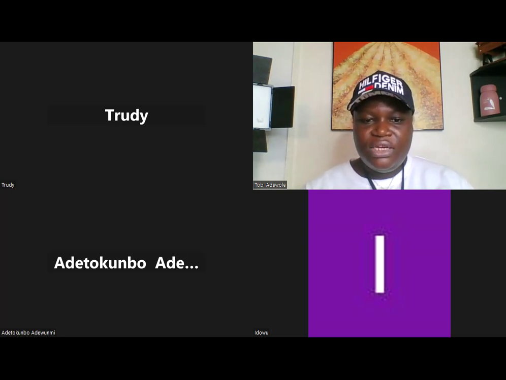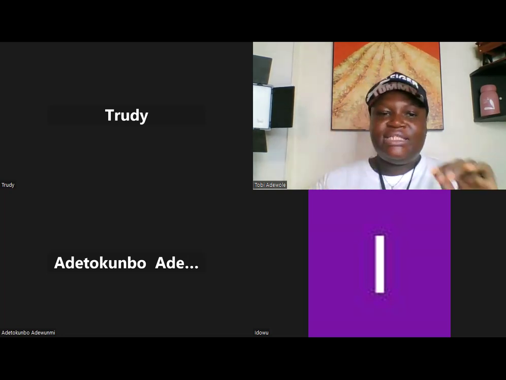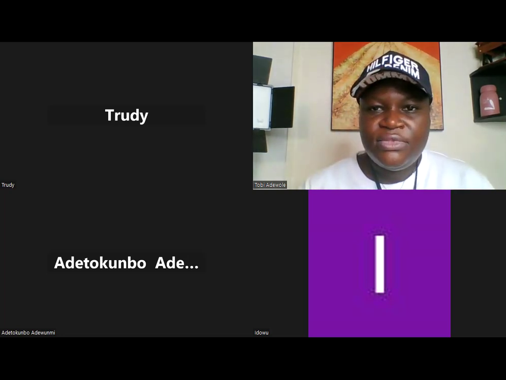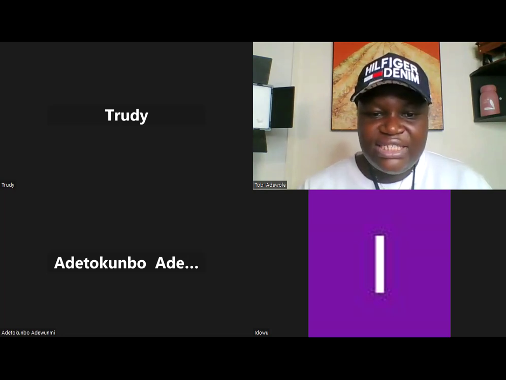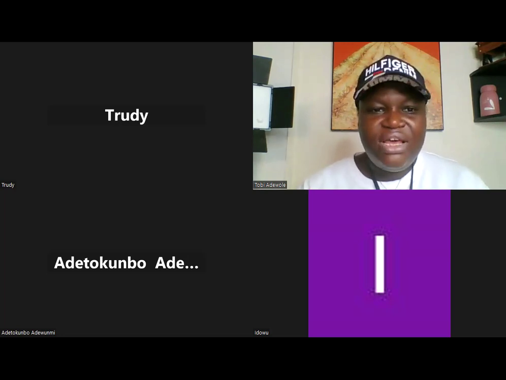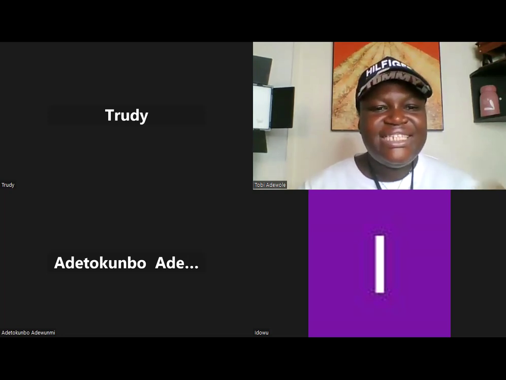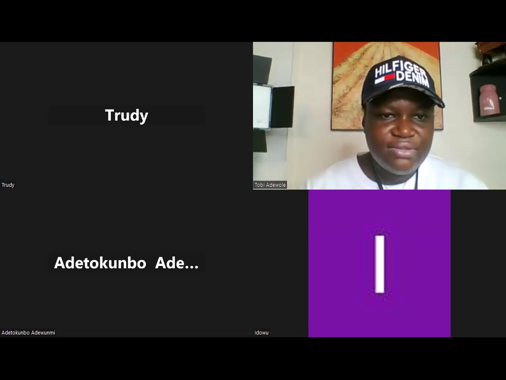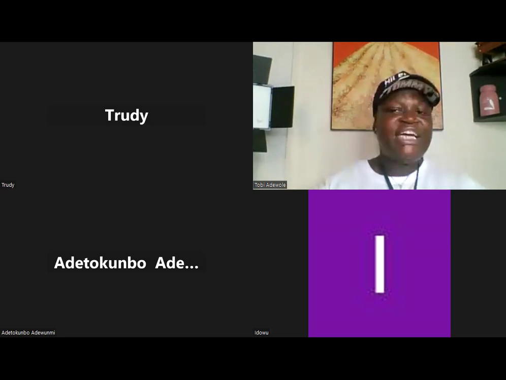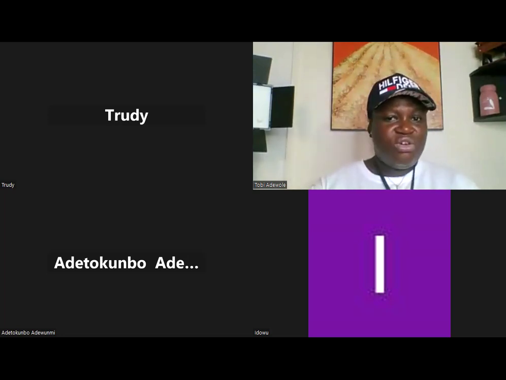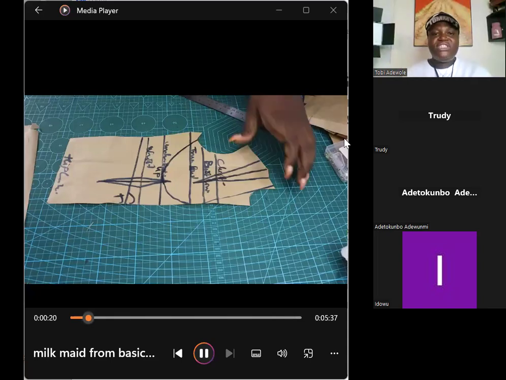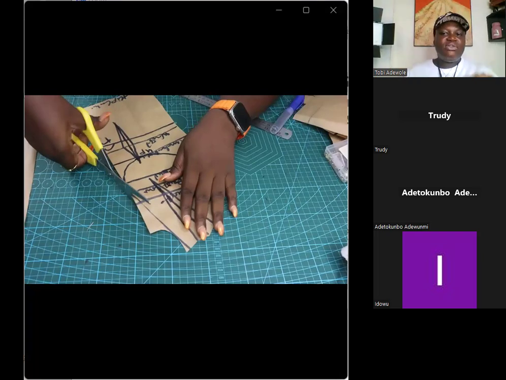I explained yesterday that bustier highlights the breast, while corset highlights the waist. In fact, in corsetry, there is no room for the breast. There is no consideration for the breast in corsetry.